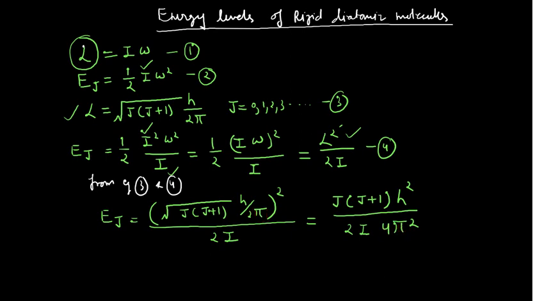Okay, now you can simply write this expression just like that. So I am writing this here: Ej equals to h square divided by 8 pi square I multiplied by j into j plus 1, and that would be in joules.